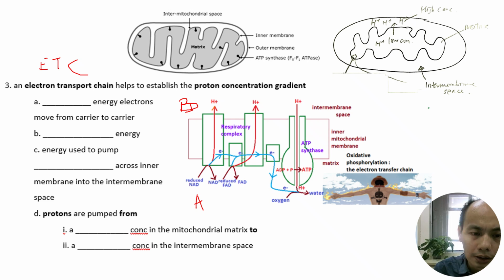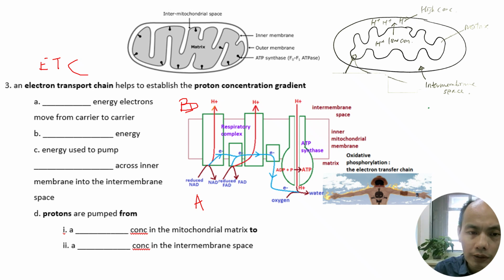Talking about the concentration gradient. Concentration gradient is the movement of substances from high to low. Am I right? From the region of high concentration to the region of low concentration. So is A to B passive transport from high to low, or is B to A from high to low?